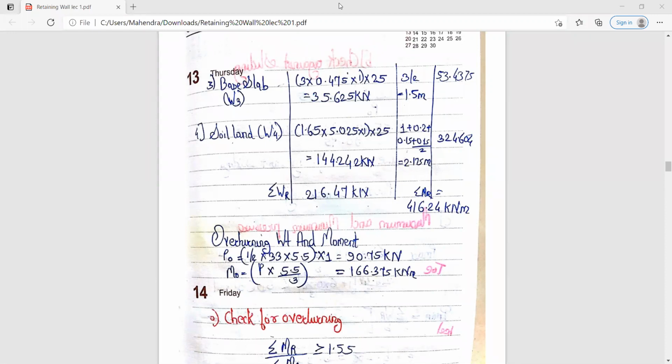Okay, done. Should I proceed further for the overturning moment, weight and moments? Everyone had got the answer. Yes, what was the summation of its moment?